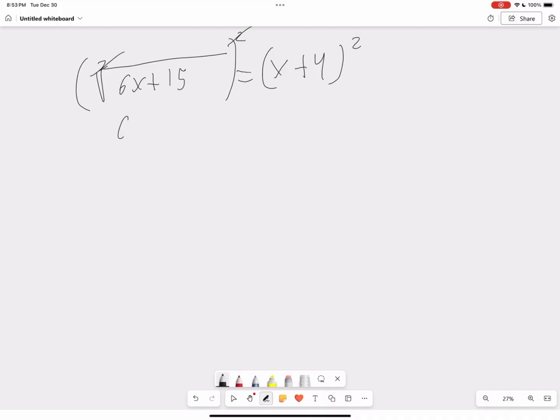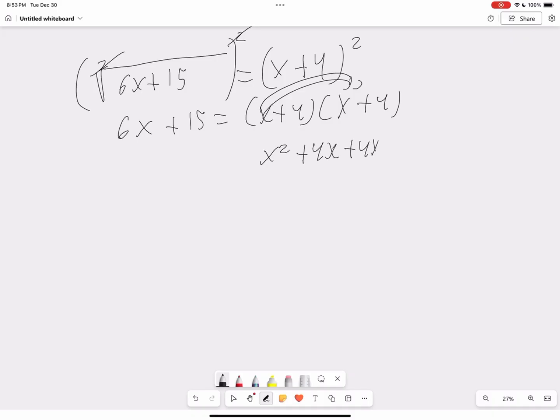So we get 6x plus 15 equals x plus 4 times x plus 4. Multiplying that out, I'll get x squared plus 4x plus 4x plus 16 equals 6x plus 15.